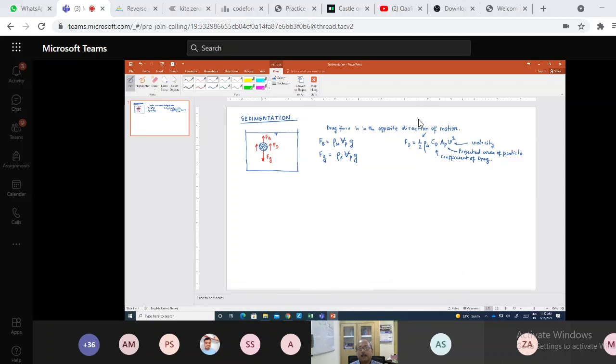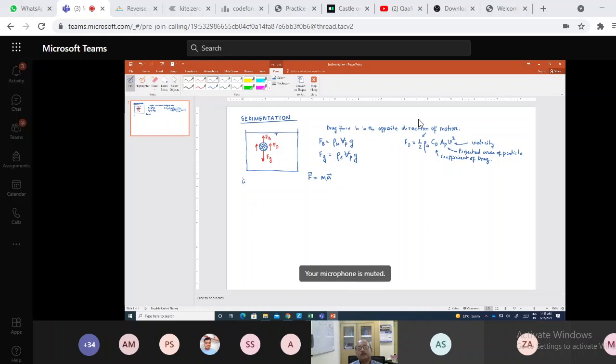There is a net force acting on it, and if there is a net force, there should be an acceleration, because resultant force equals mass into acceleration. So as the acceleration is produced, V is going to increase. Acceleration causes V to increase, right?